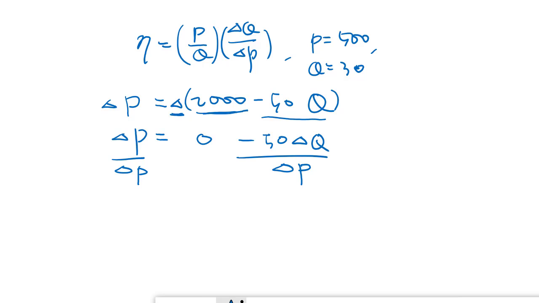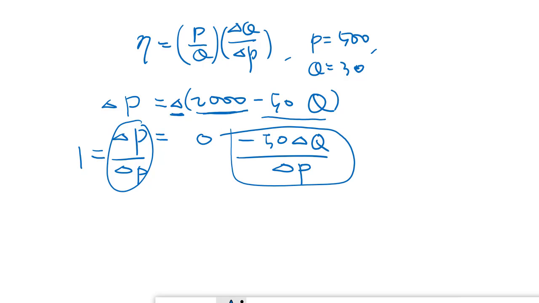So on the left hand side this is 1, and on the right hand side we have this expression, and now you see that there's minus 50 on the top, so we can divide both sides of the equality by minus 50. Then on the left hand side we have minus 1 over 50. On the right hand side we have delta Q over delta P.